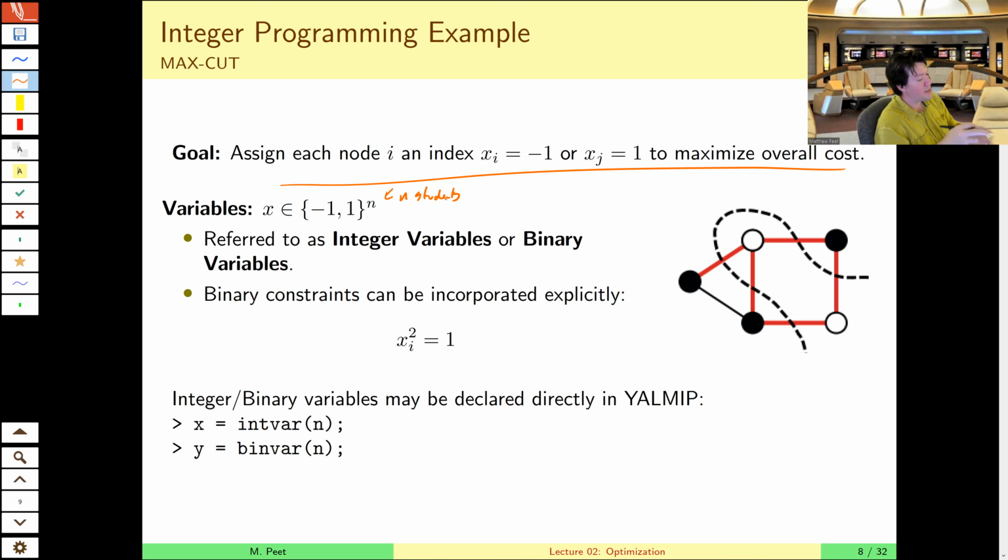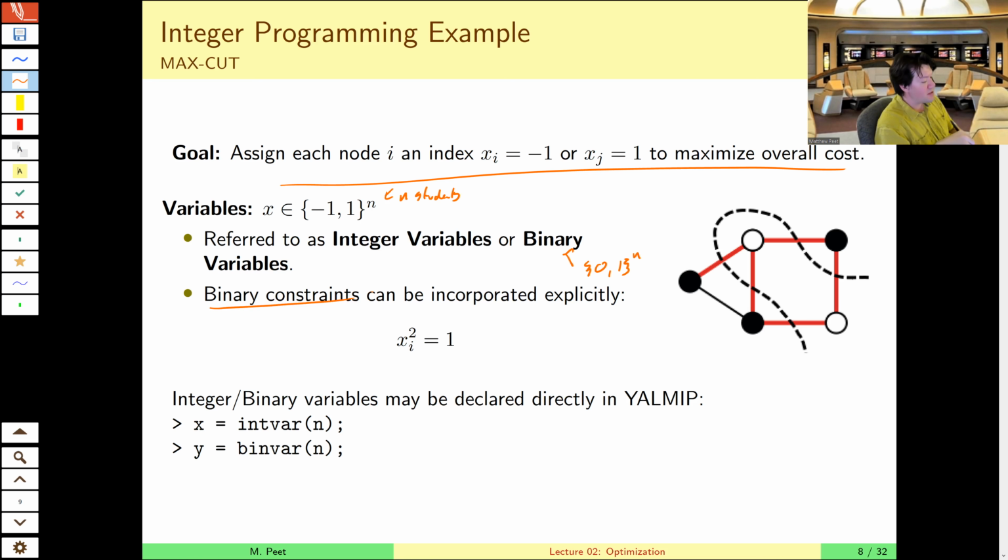This type of constraint is generally referred to as an integer variable constraint. I don't say binary, because binary is typically 0, 1. Actually I called it a binary constraint, but technically that's wrong.